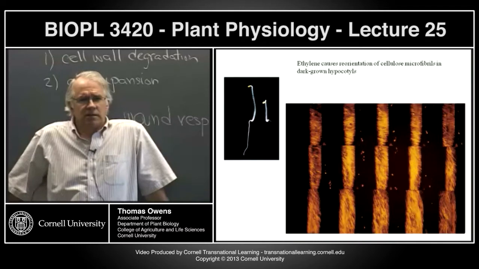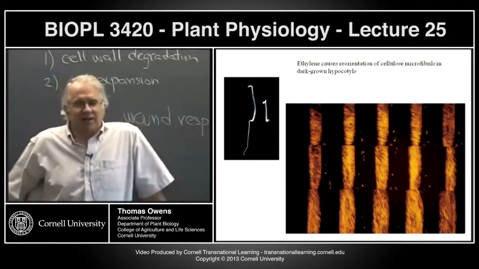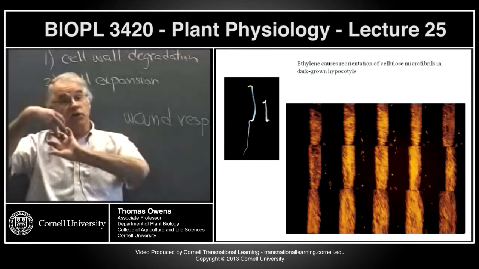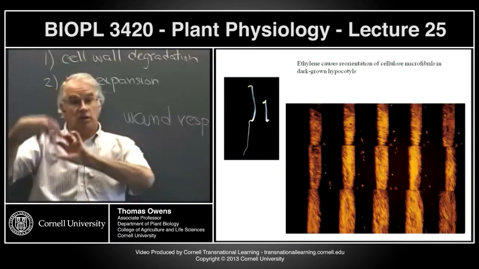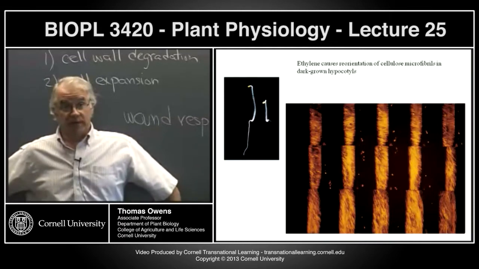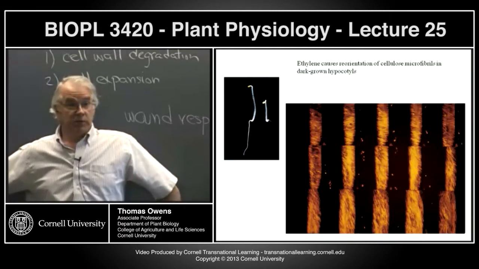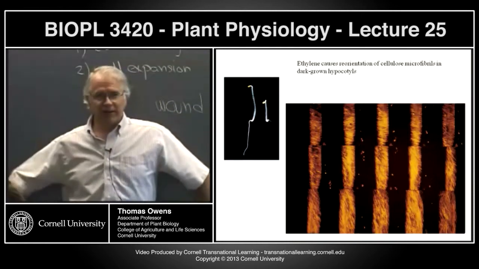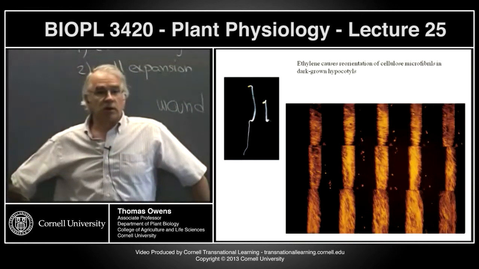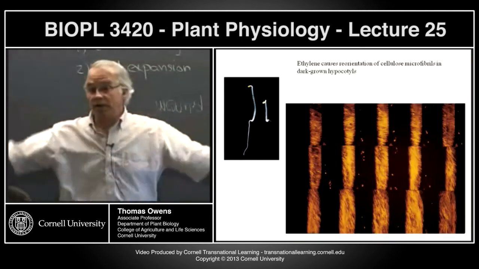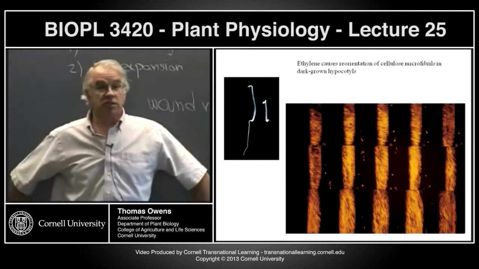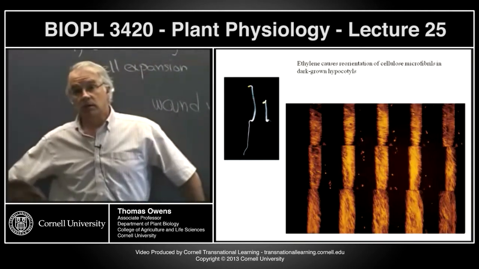EMS. What is it? I can't remember what it stands for though. Just describe it. It's not ethylene, but it's something that intercalates into the DNA and causes random mutations when the DNA is copied. It's a very common mutagen. I can't remember. My brain is drawing a blank on what it stands for. What else, though? That's one way to create mutagenesis. What's another way to do it? Sure.